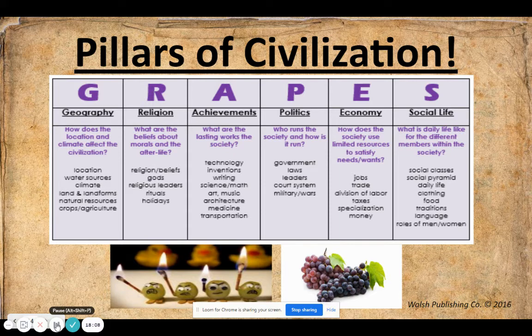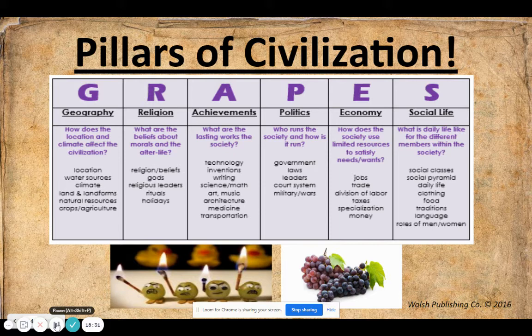The next category that all early civilizations had in common was religion. What are the beliefs and the morals about the afterlife? Religion and beliefs would be part of religion, as would gods, religious leaders, rituals, and religious holidays. We also have achievements. Achievements are things that we accomplish, things that we make our goal.